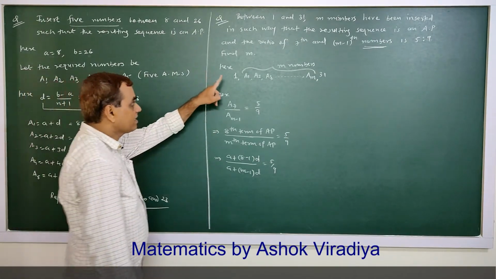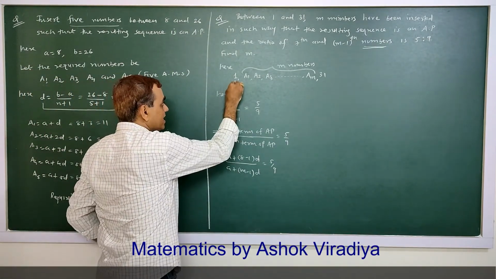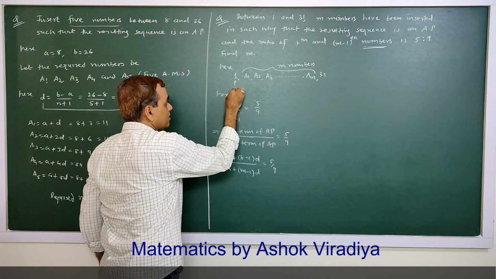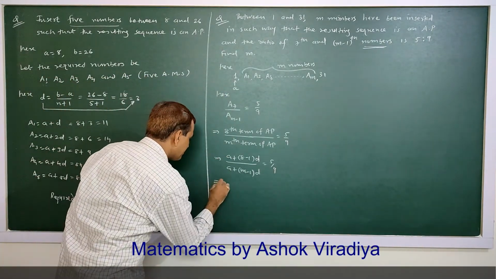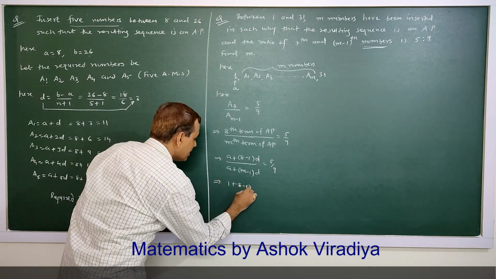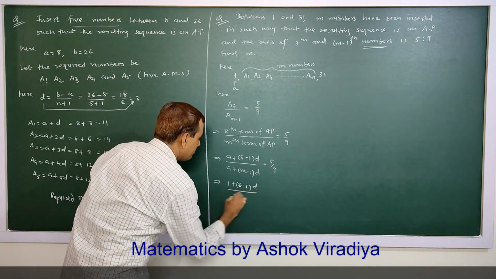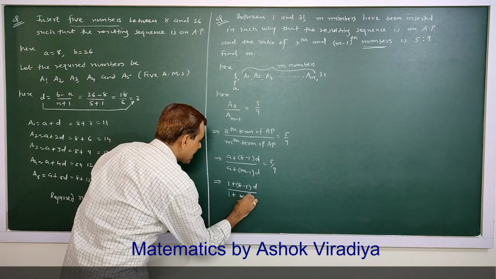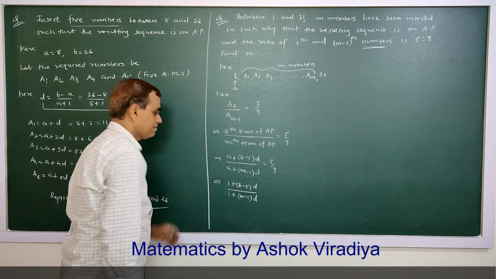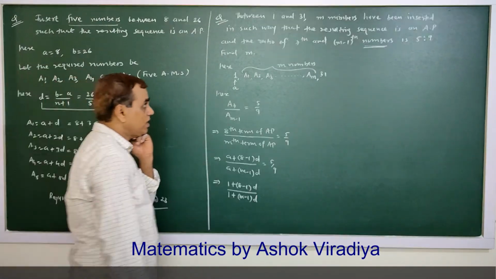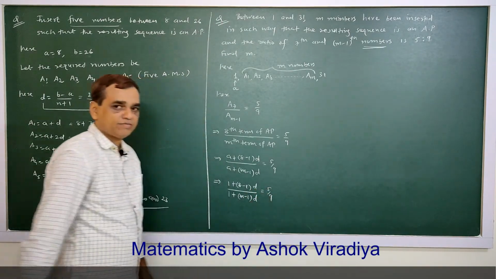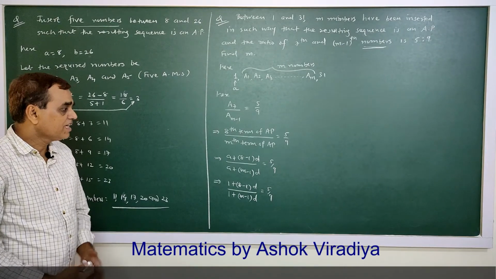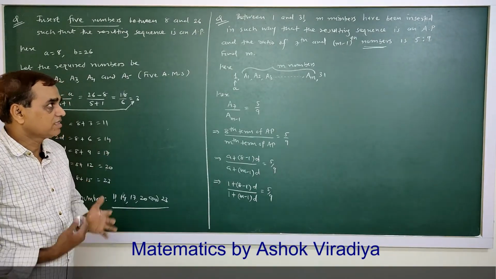Now what is a? A is 1. So putting 1 here, 1 plus 8 minus 1 into d upon 1 plus m minus 1 into d is equal to 5/9. We have taken the value of a as 1.